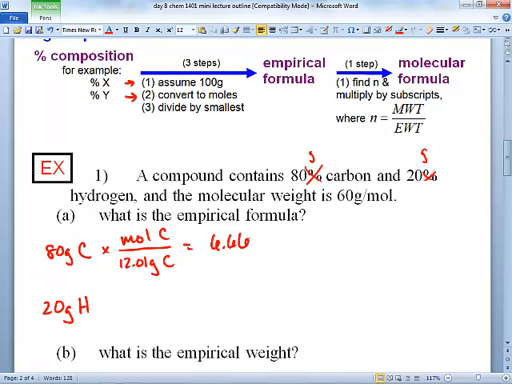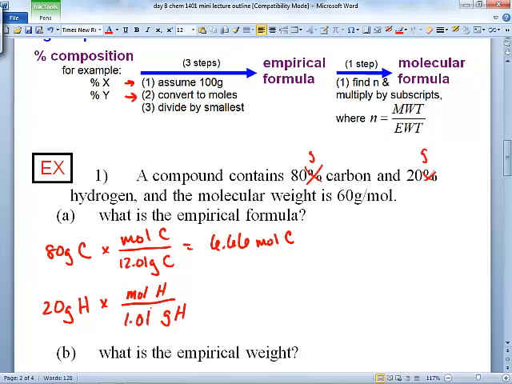So there's, I should write moles of C. And then the hydrogen. Okay, Janet, what's the molar mass of hydrogen? What is it up there? 1.007. Yeah, let's just round to 1.01.